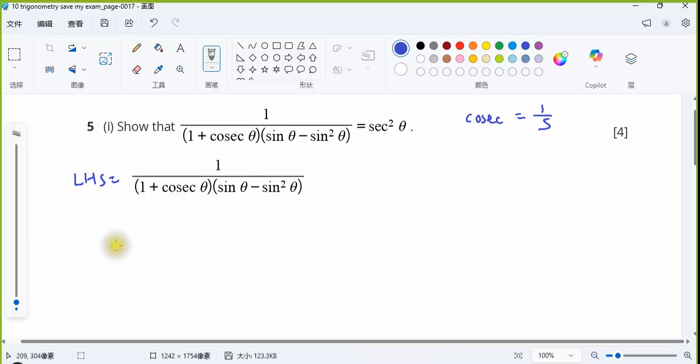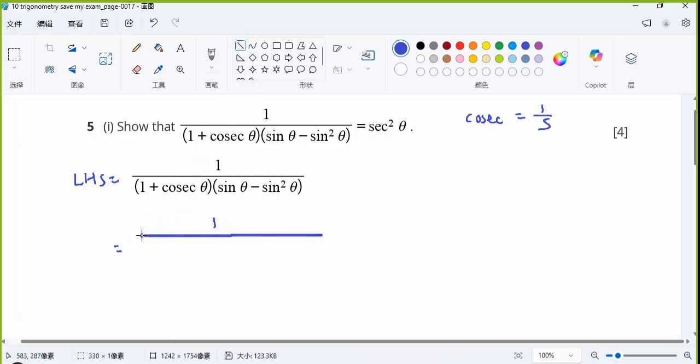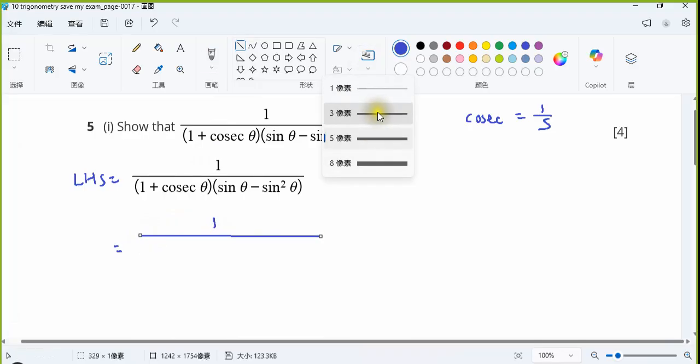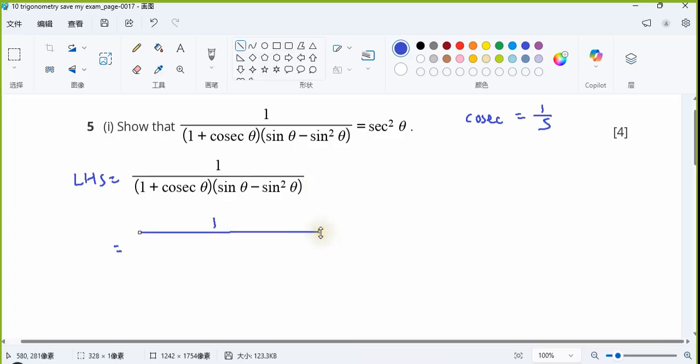Okay, so this one we have 1 over the cosecant, which is 1 plus 1 over sine theta.